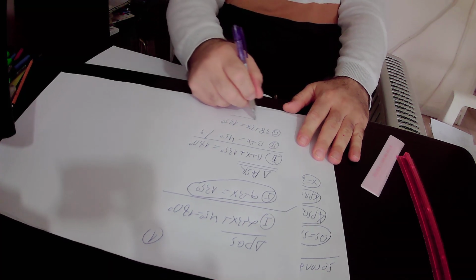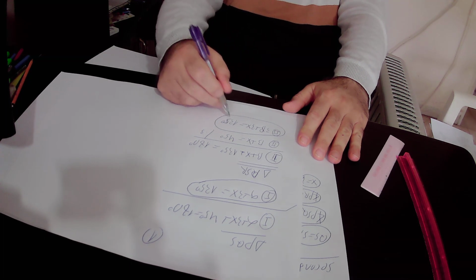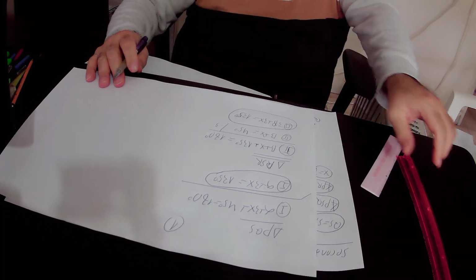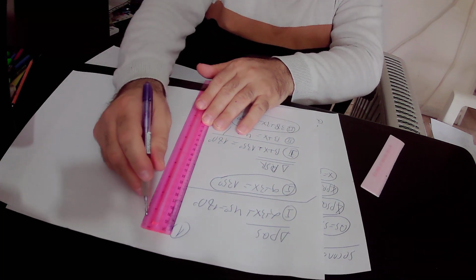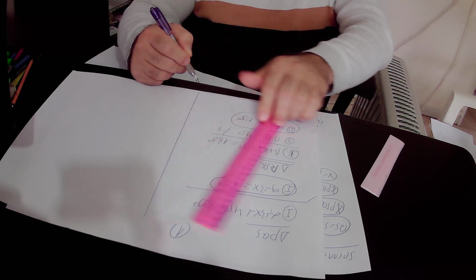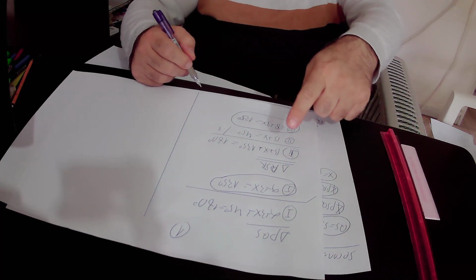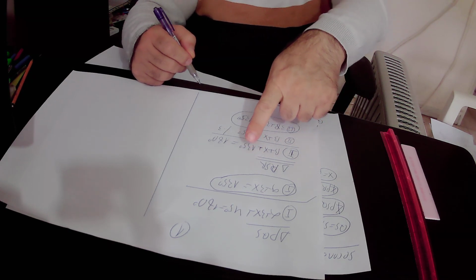So here we can create equation number 3 that states that equation number 1 equals equation number 3, because in both equations we have 135 degrees.